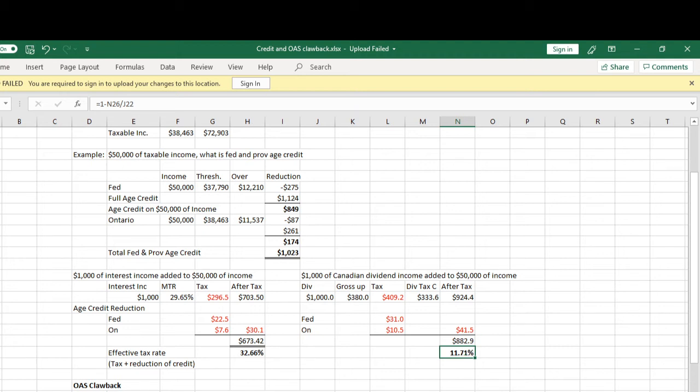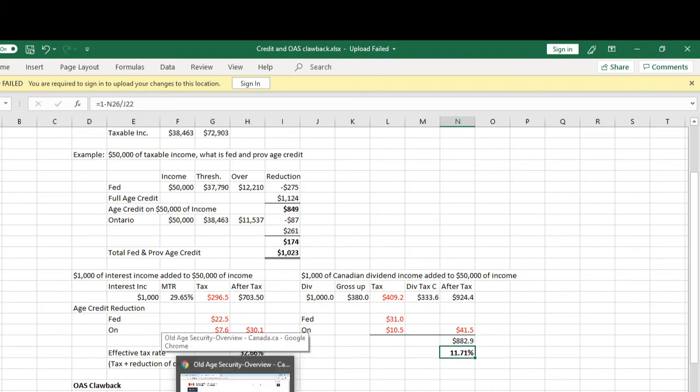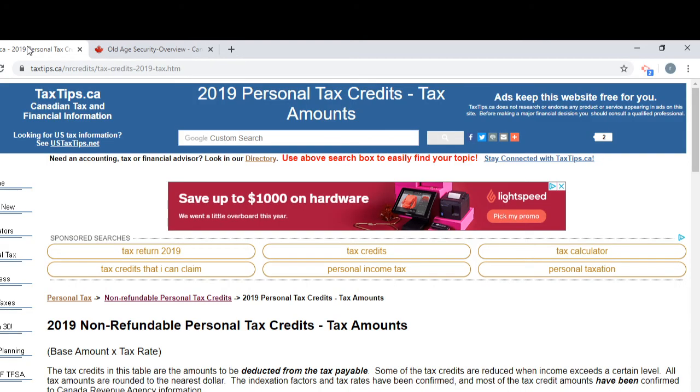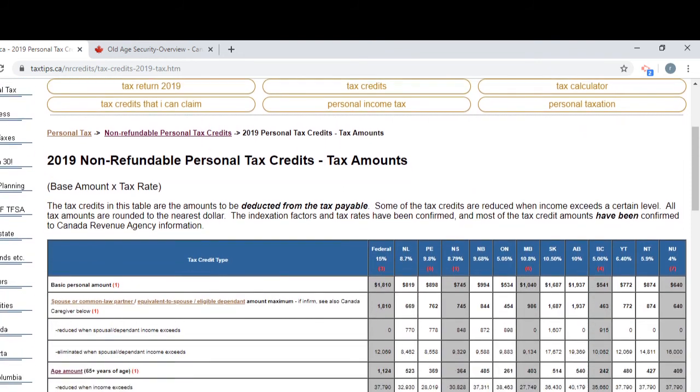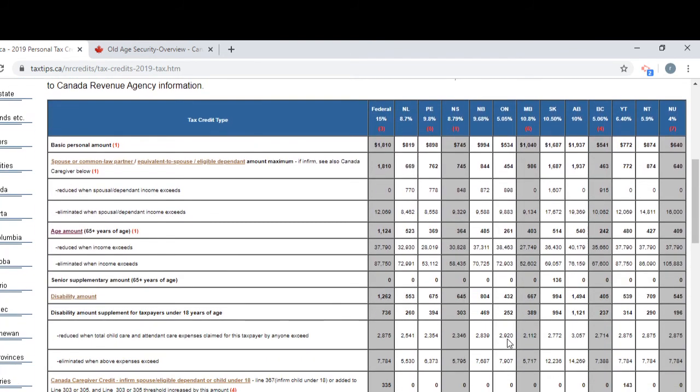Okay, so where am I getting all this information? This is a good site, taxtips.ca, but you can get this information in a lot of places. Here's the age amount, the age credit.